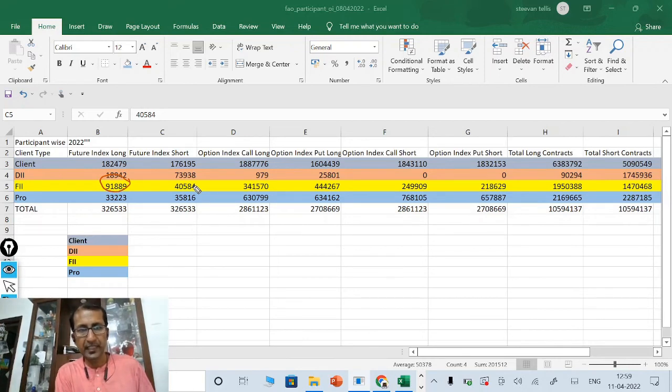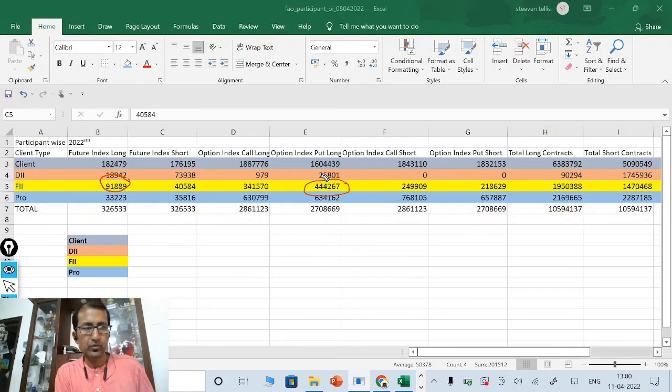But FIIs have net index put long in options. So they are carrying index long and they are long in put. So they are hedging their index using a put. So that is the FII positions.